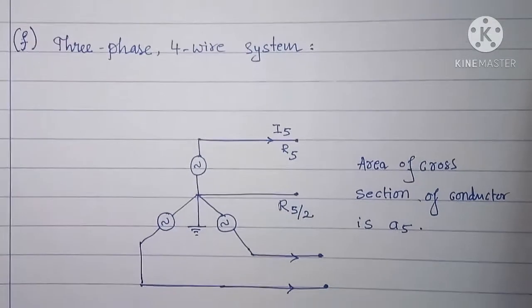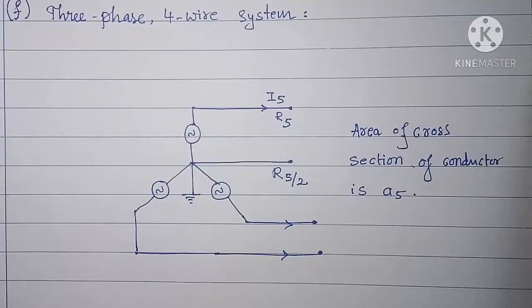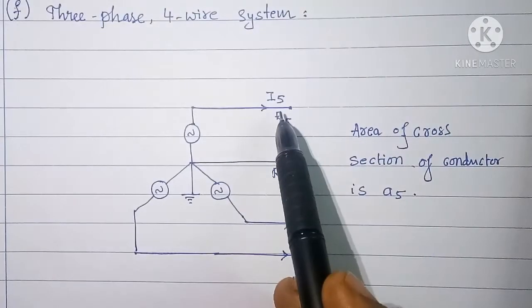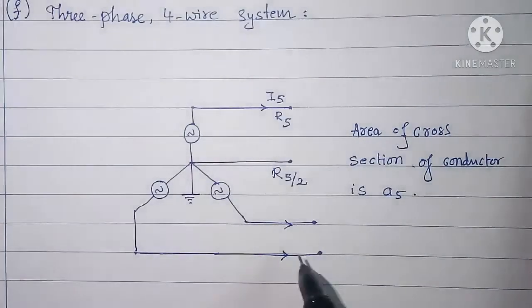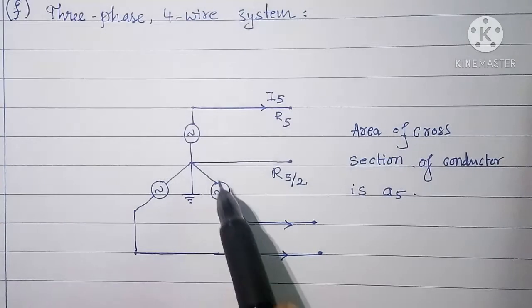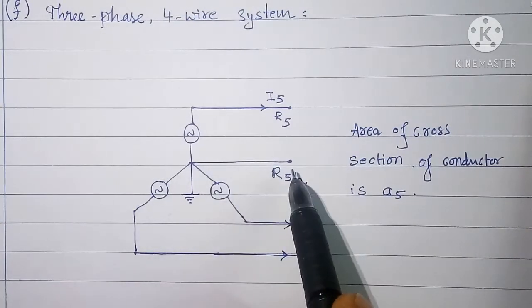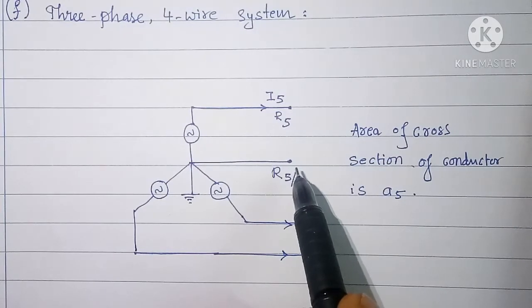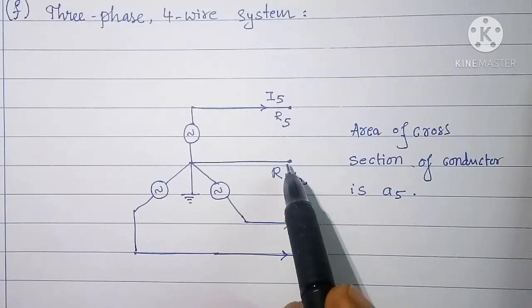A three-phase, four-wire system is shown in figure here. It has got three line conductors and one neutral conductor as a return path for current. If load is balanced, then there will be no current flowing through the neutral conductor.